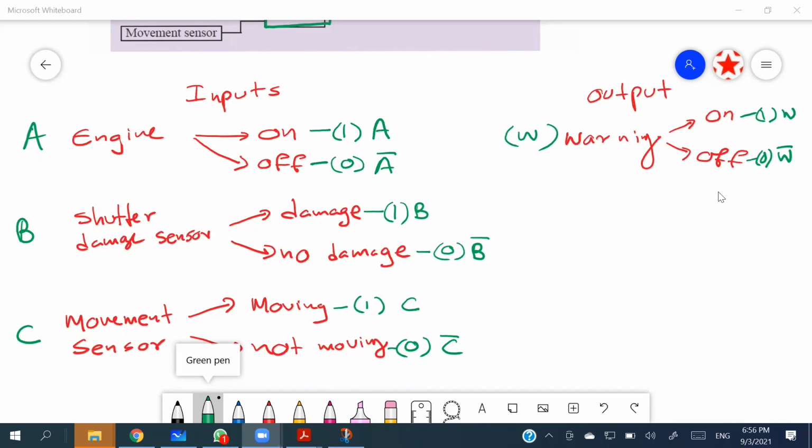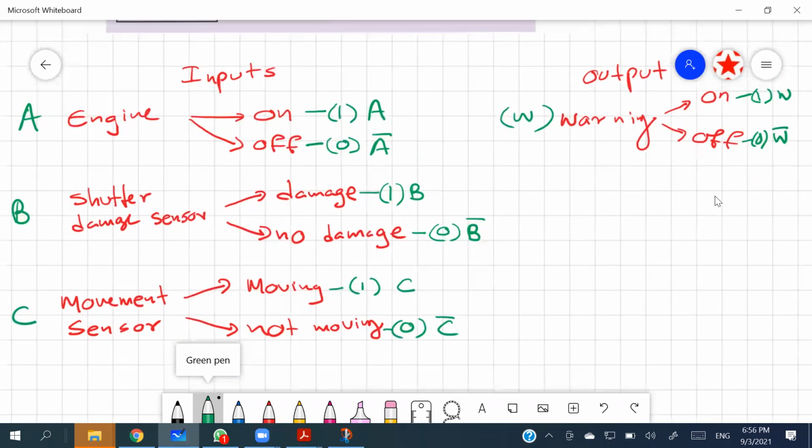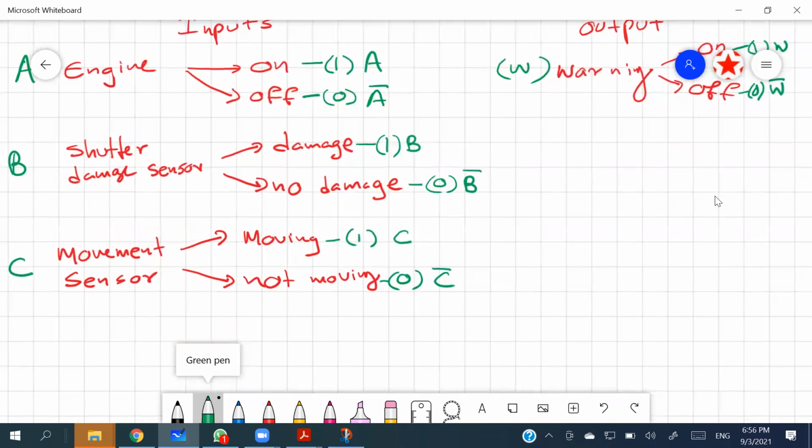Right. Okay. And people, if you have any question, you must ask it. That is the way that you can learn. Right? Okay, now let's write the expression.